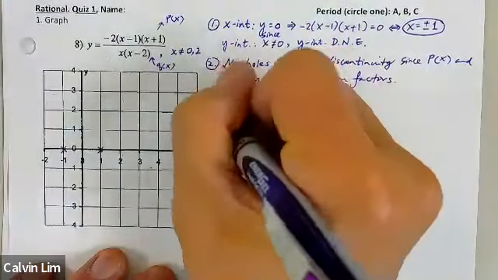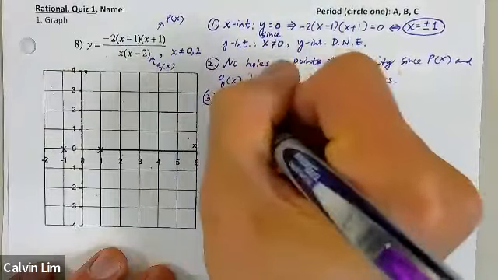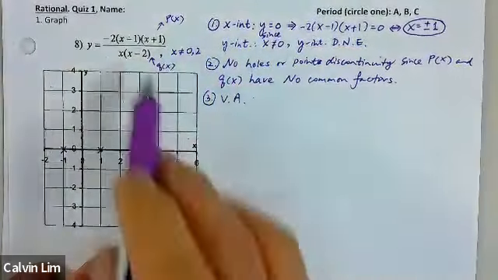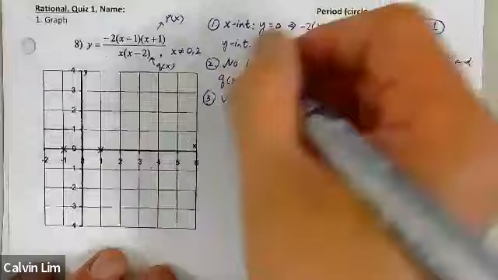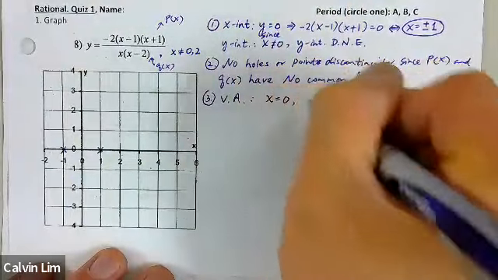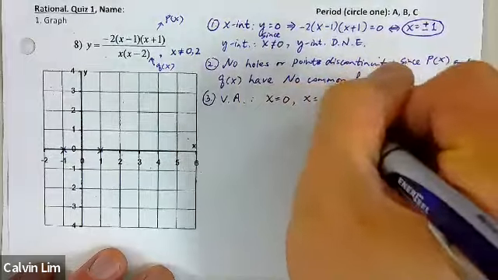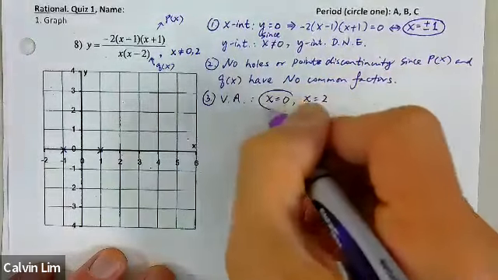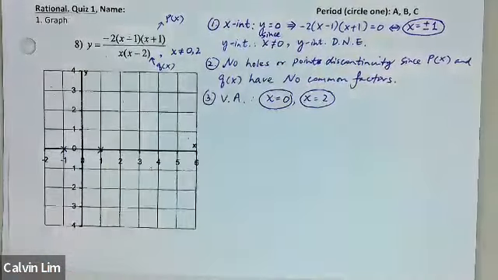Next, what's the next thing? Vertical asymptote. The vertical asymptotes are the restrictions, so x equals 0 and x equals 2. Okay, so put them on the graph.